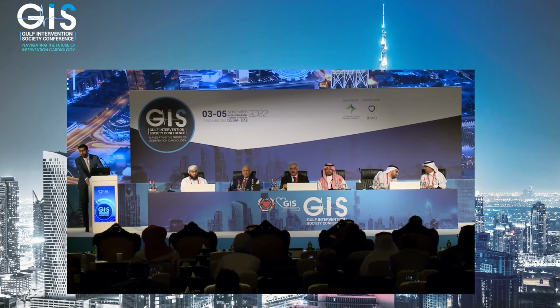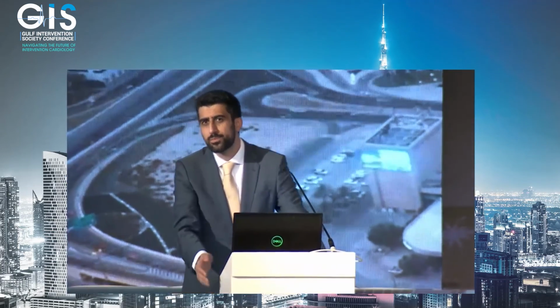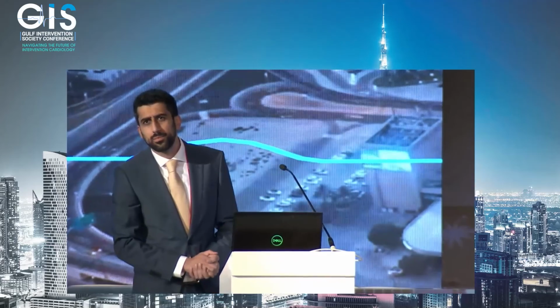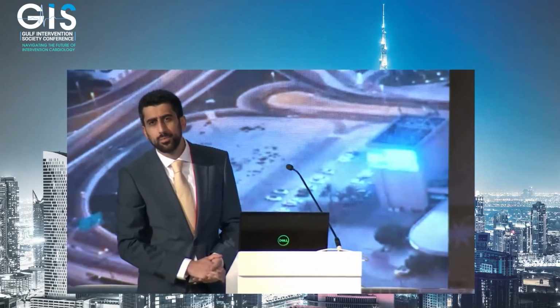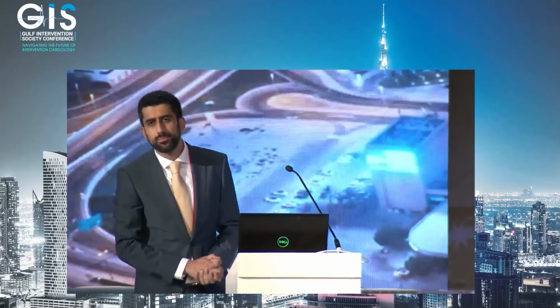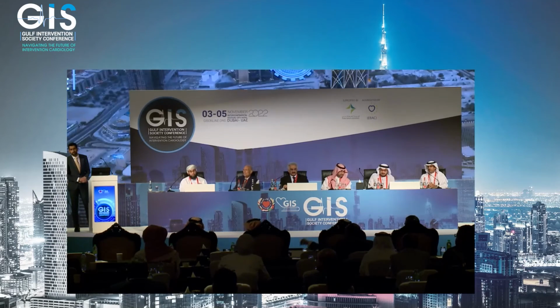Great. Dr. Deep? Thank you so much for this nice overview. Last year's meeting, I presented a real case of spontaneous dissection in a 40-year-old lady with total occlusion of the LAD. I need to hear your comments about using the stent in dissection. This was a total occluded vessel.